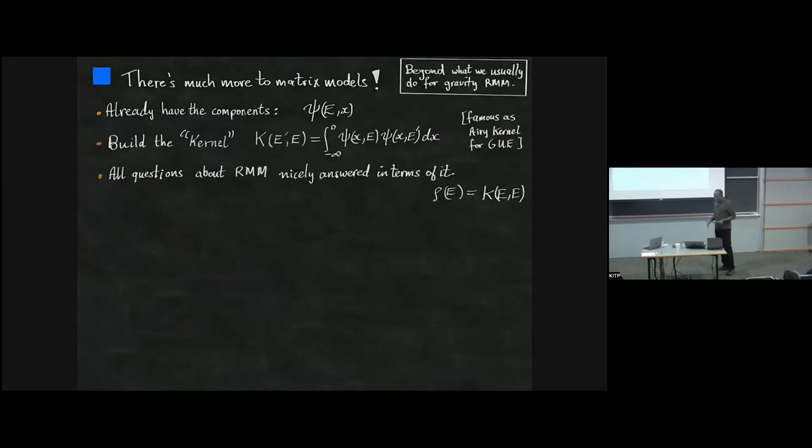I really want to get you excited about using these techniques. The point is that there's a lot more we can do with matrix models. You can build this more general object called the kernel.